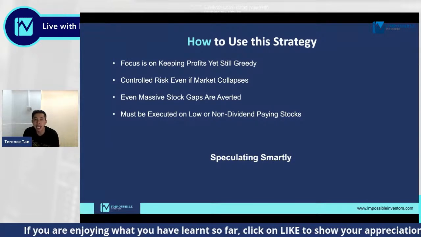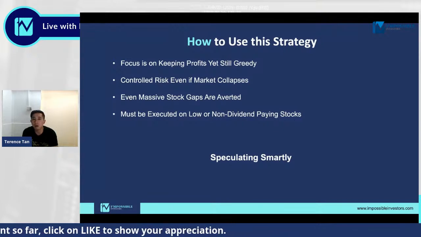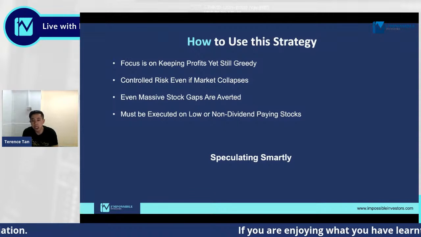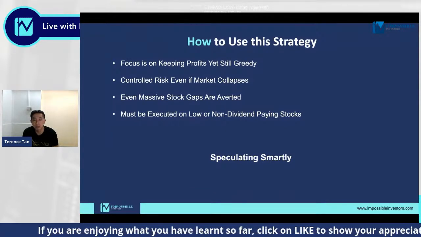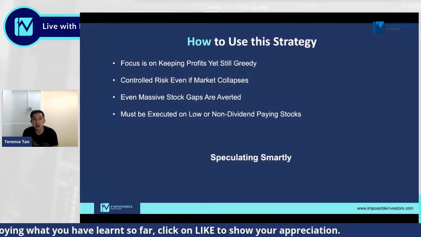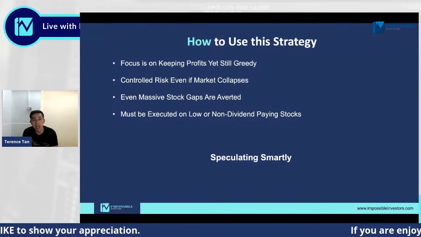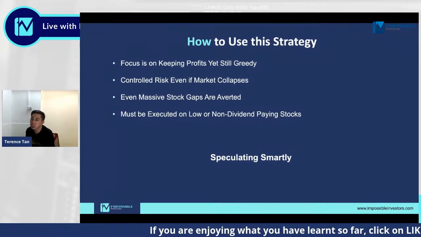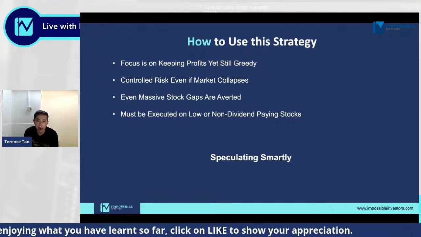If that's the case, then you could continue to speculate on the profit while actually taking profits off the table. With non-dividend stocks, it makes even more sense to speculate with options, since you have already made the money on the stocks. Keeping those stocks isn't going to pay you anything more anyway, so what's the point? This is called speculating smartly.